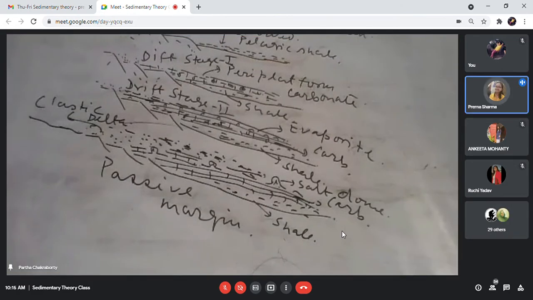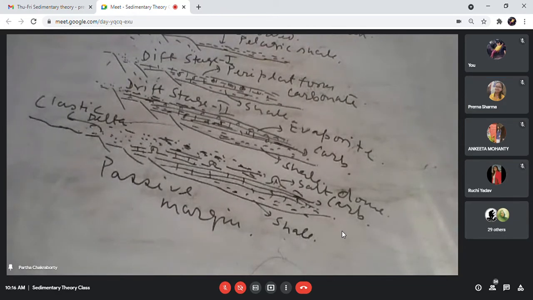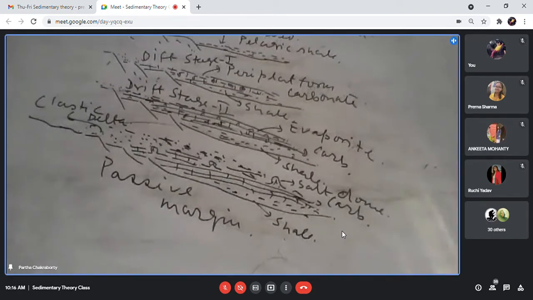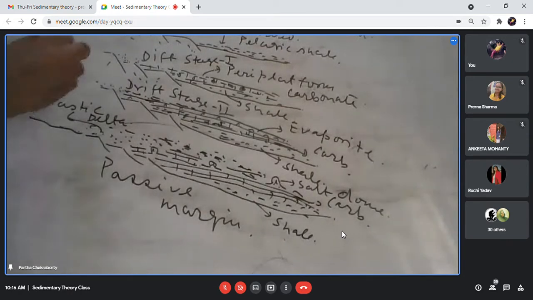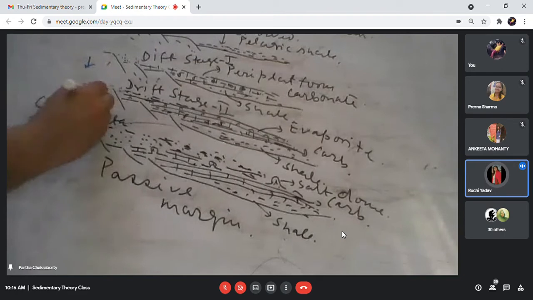So what is written above the pelagic shale? Please let me know when you complete the drawing. Sir, can you read out the terms once? Okay.